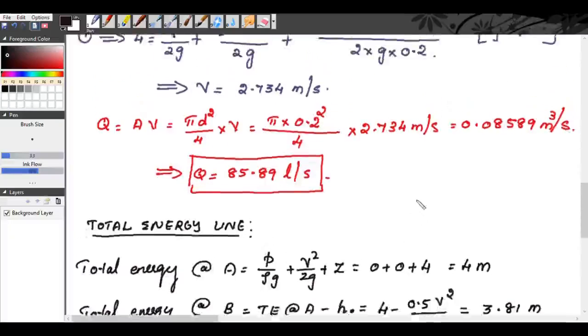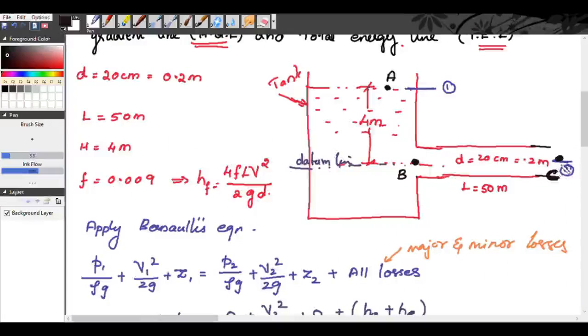Now, we will determine the total energy at C. Total energy at C is equal to P by rho G at C, which will be equal to 0, plus V square by 2G at C. Here V is not equal to 0, V is equal to V2. Plus Z, which is 0 because the datum line is along the center line of the pipe.